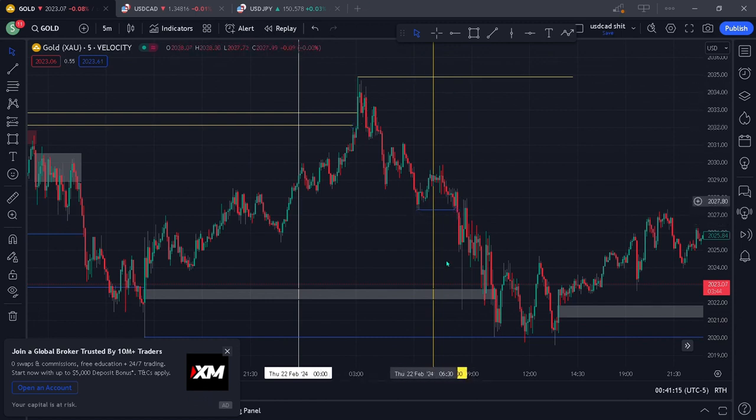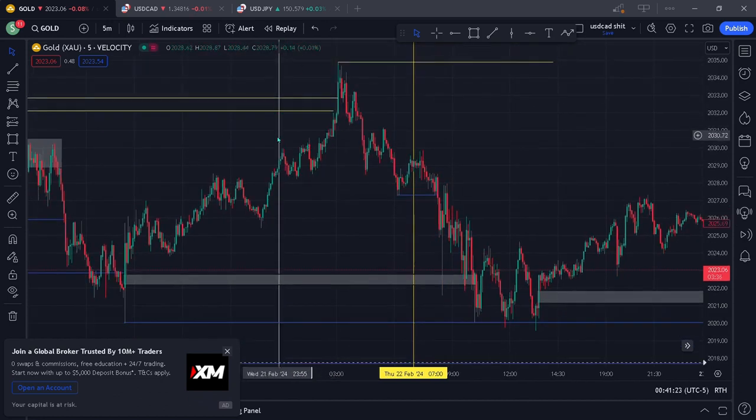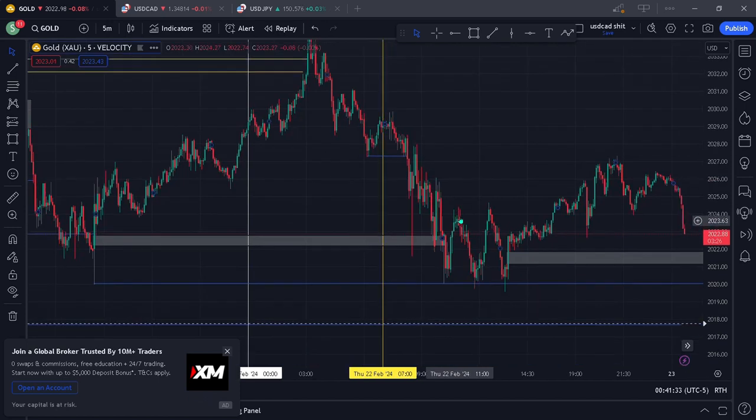But in this case here, you want to be looking for a low. So price is broken down because why? Liquidity has been swept on the upside, and we created a breaker, and price then broke down throughout the London session. So that makes it pretty easy for you to form your bias.